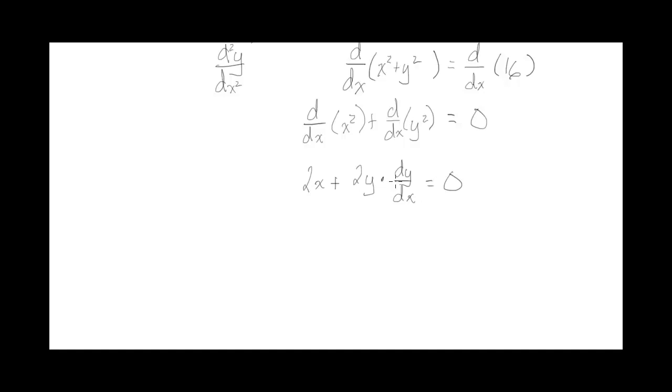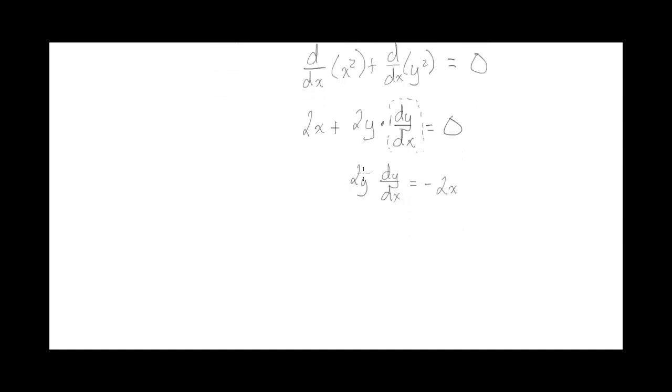Okay, so to get the first derivative, we're just going to isolate for dy by dx. So 2y dy by dx equals minus 2x. You can divide both sides by 2y.